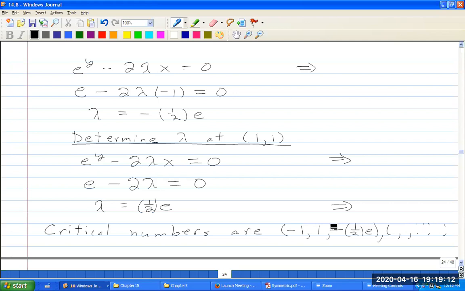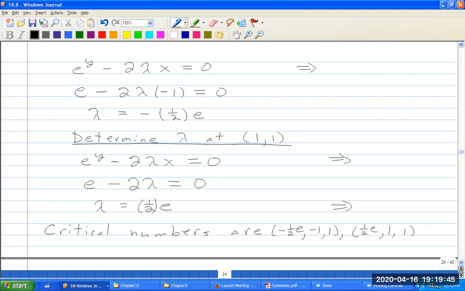Wait. I wrote this the wrong way. It's minus 1, 1, minus 1/2 e and 1, 1, 1/2 e. So those are the critical numbers. I wrote the lambda in the incorrect location. So those are the critical numbers for L.